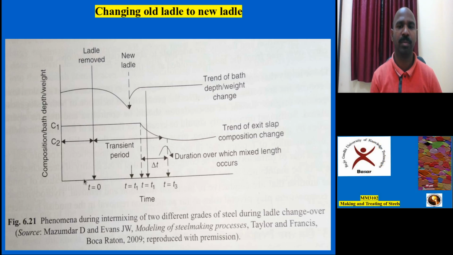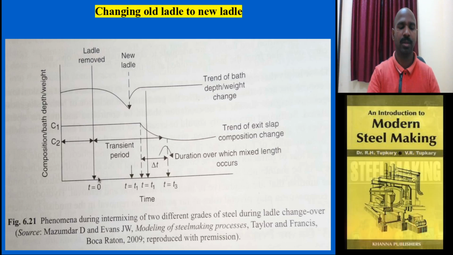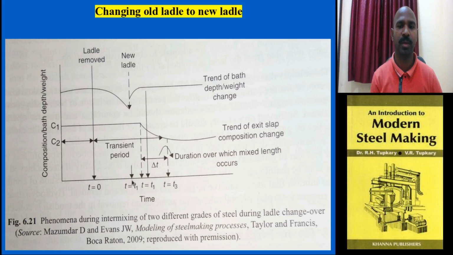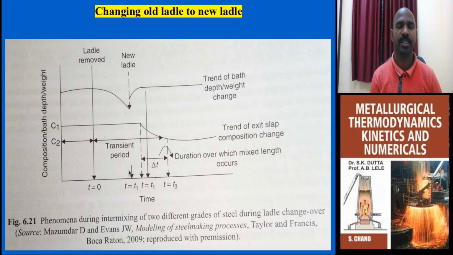For example, at T0, at the initial stage, when you are using one ladle, steady state flow in the tundish is maintained. At T1 you are going to change to the new ladle.